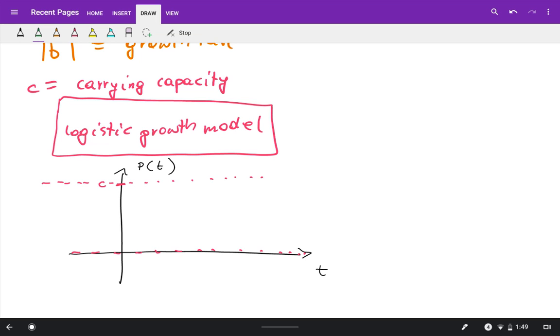And two points: this is, of course, 0 comma P0, the initial population. Between 0 and C, you will have half of the carrying capacity, and I will explain in a second.